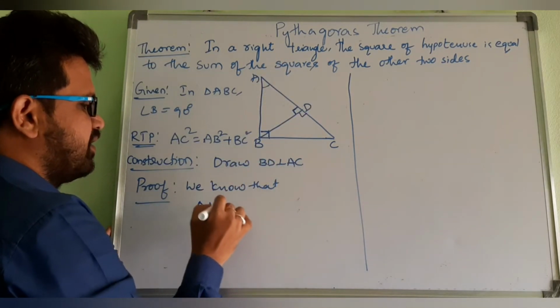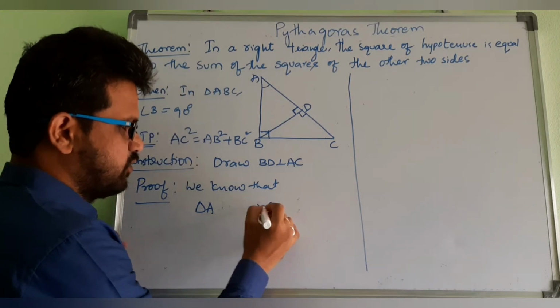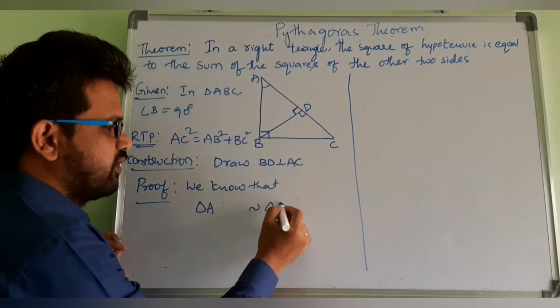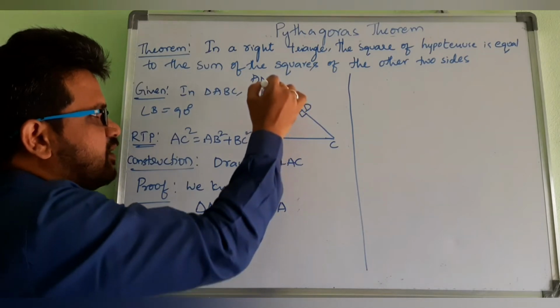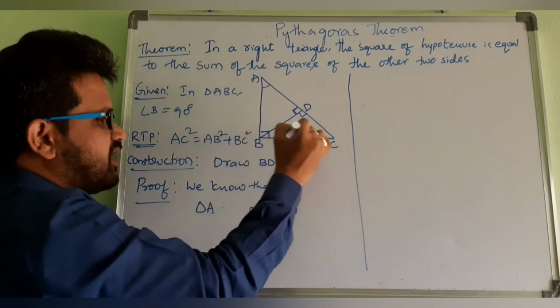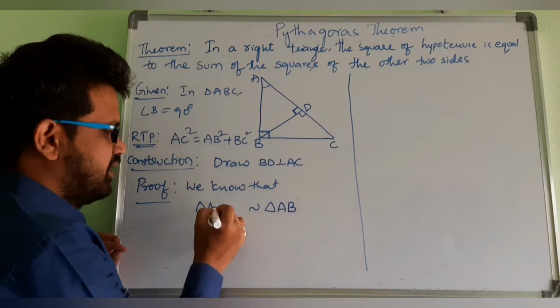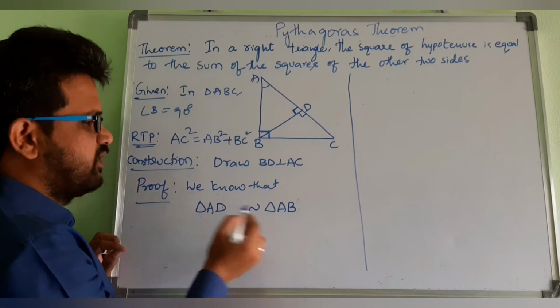So how to write the similarity? I am telling that. A corresponds to A. In the smaller one the right angle is D, in the big one the right angle is B. So here B and here D. This is the smaller one, this is the bigger one.